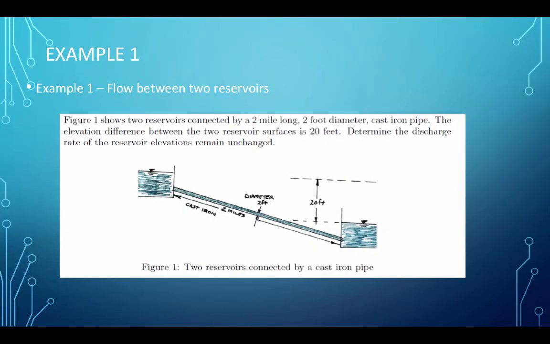So we're going to go through a couple of examples to first get familiar with the program, and slowly develop the skills needed to use it for far more advanced problems than are shown here. Our first example is flow between two reservoirs.